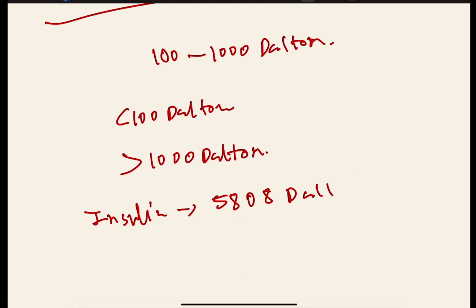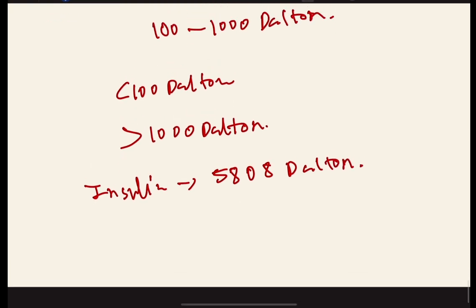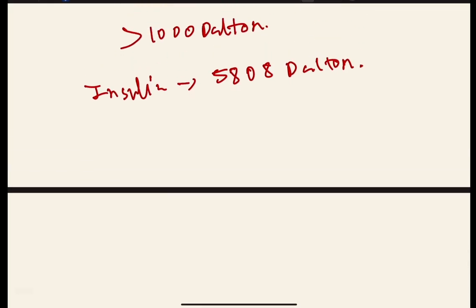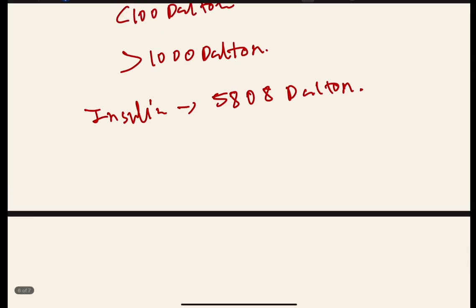Okay, so we can't give insulin orally because it can't cross the epithelium and enter into the blood vessels. It can't be absorbed orally, so we have to give insulin intravenously.